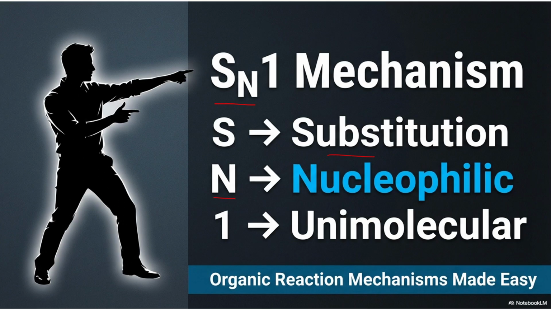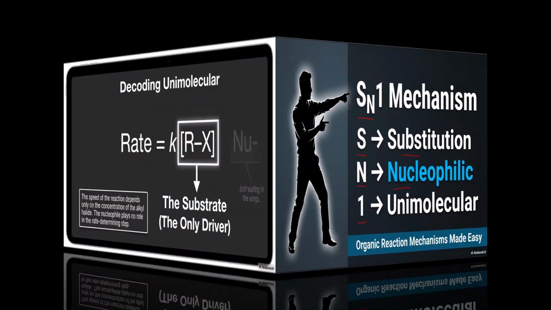Firstly, let's decode the name SN1. S means substitution, N means nucleophilic, which means the substitution is by the nucleophile, the attack is made by the nucleophile and it is a substitution reaction. And what is the meaning of one? One means unimolecular.